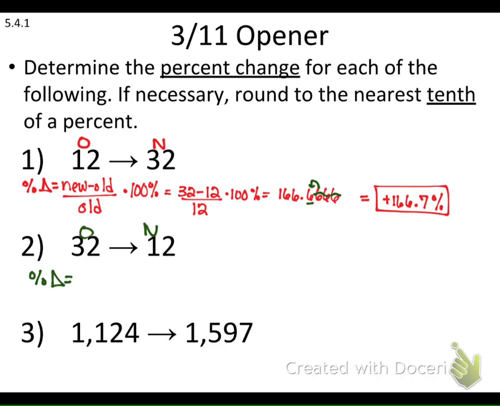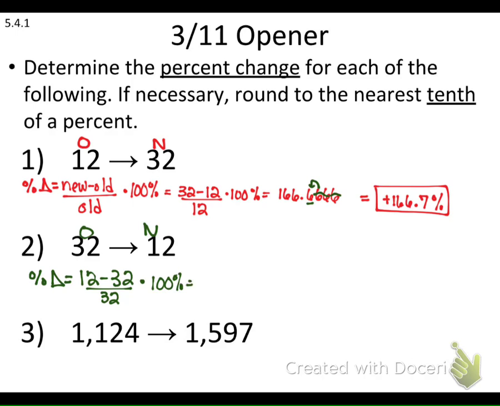Sorry, you just took a bite when I asked you. So what's my new number? 12 minus my old number, divided by, times 100, what? Perfect.